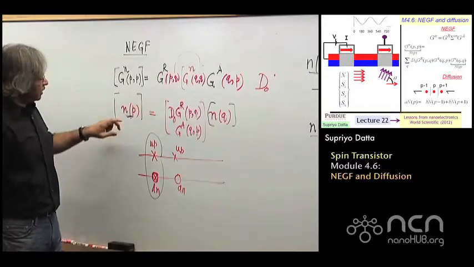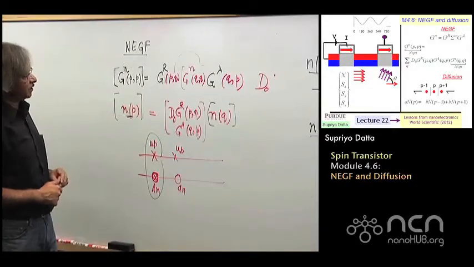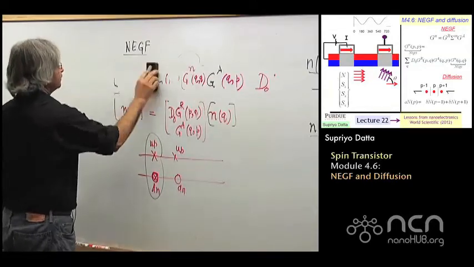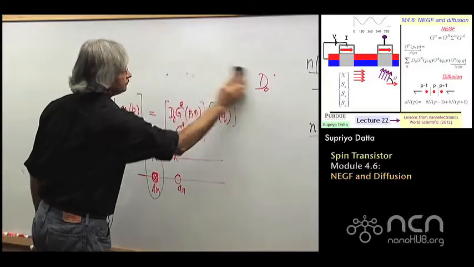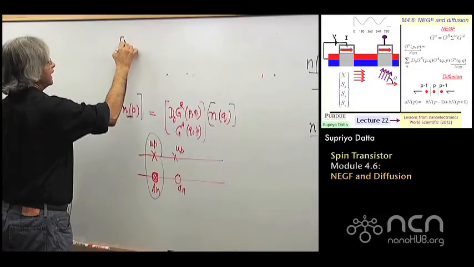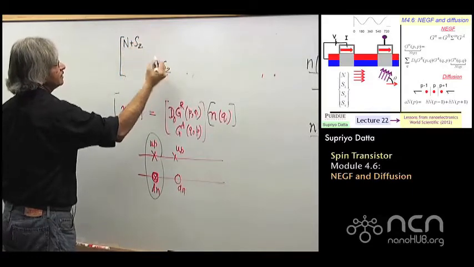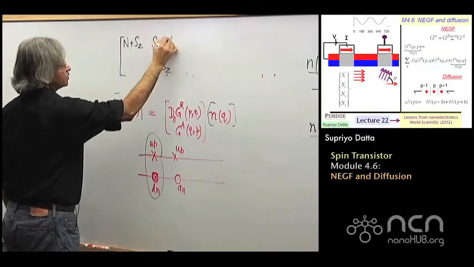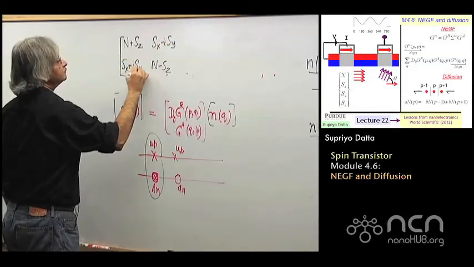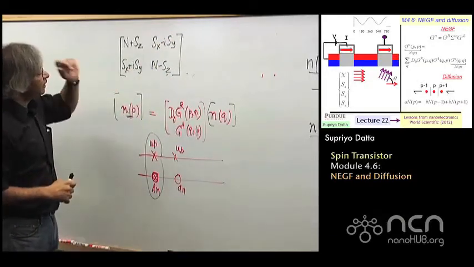Now, this matrix, of course, we have talked about its interpretation in the past. If you remember, this 2 by 2 matrix, as you know, can be interpreted as N plus Sz, N minus Sz, Sx minus iSy, and Sx plus iSy. See?